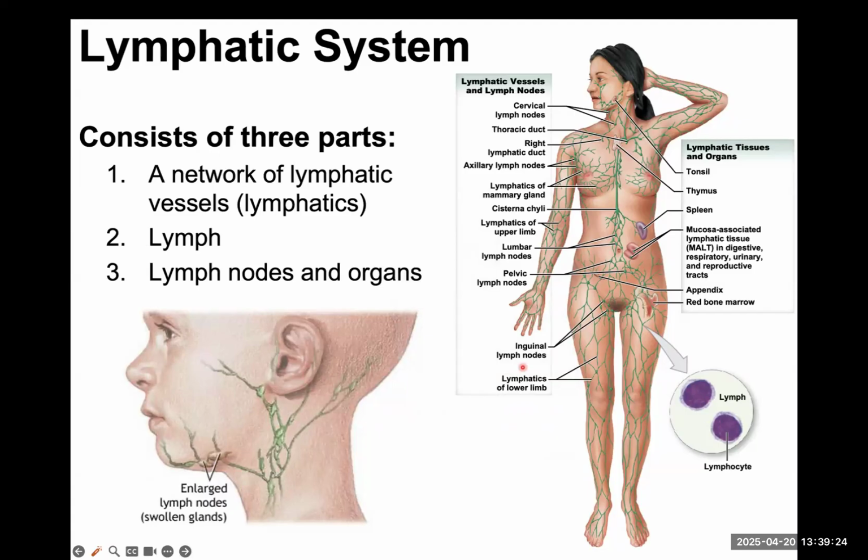In addition to the lymphatic vessels, there are some organs and tissues that surround your digestive system and also your respiratory system. These are the lymph nodes and some of the major organs like the thymus gland, tonsils, and spleen. And we talked about the lymphocytes in the blood chapter.